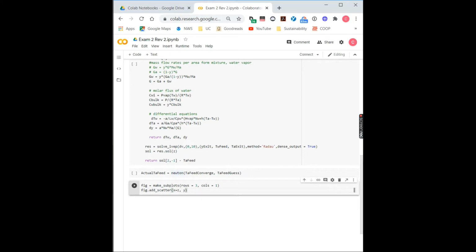For our first graph, that is looking at water temperature, we need to look at v1, so the second position in the solution to our differential equation that we got from our v vector.